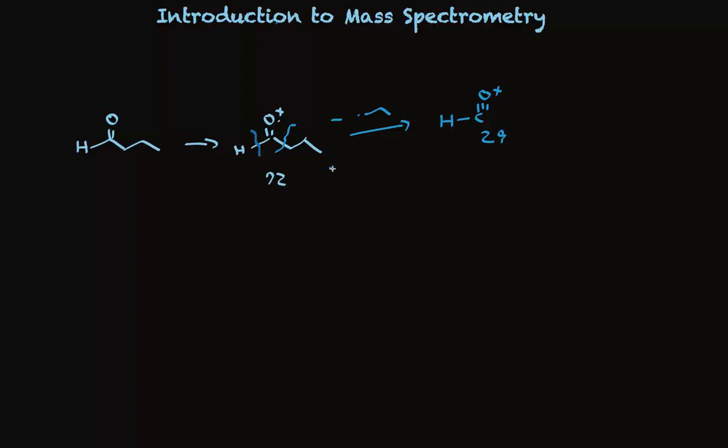Cleavage on the other side, you lose a hydrogen atom, and you form a fragment that has a weight of 71. So wouldn't it be easy to distinguish this aldehyde, butanal, from the ketone, 2-butanone, even though they have exactly the same molecular weights, by looking at the fragments that they make and their fragmentation pattern?